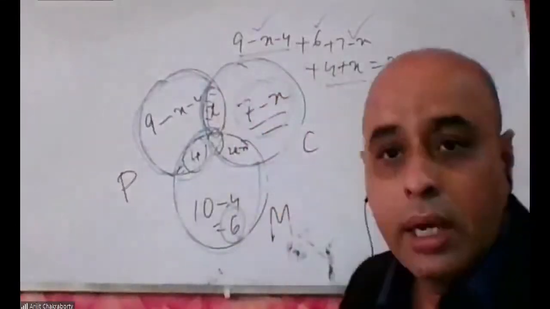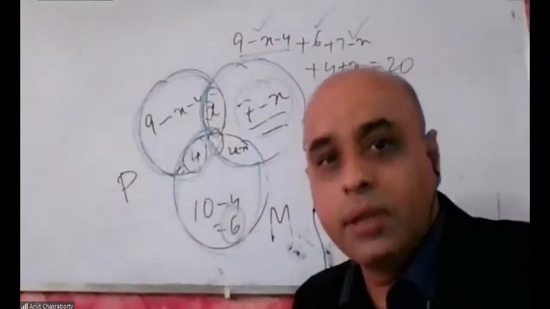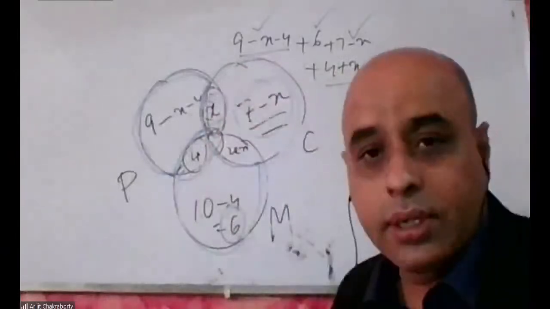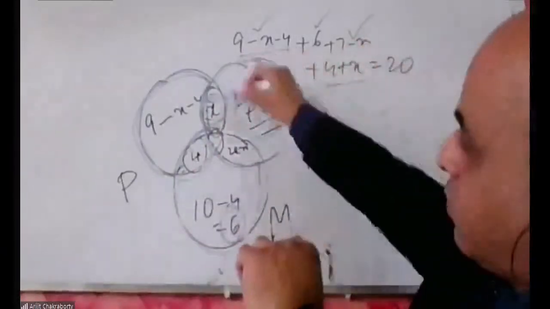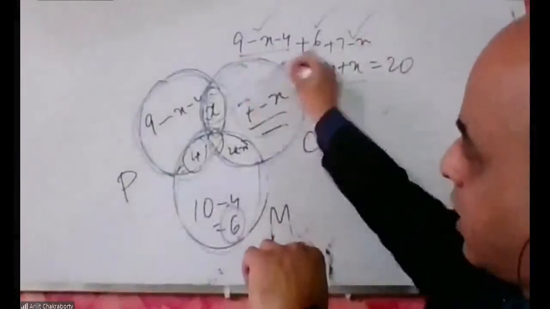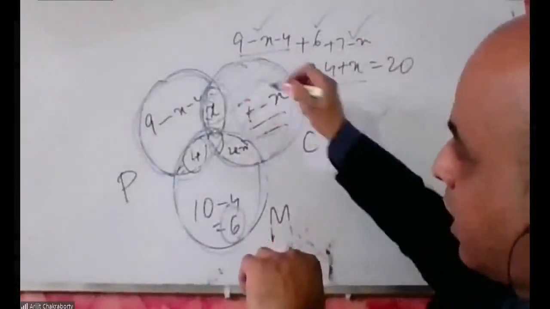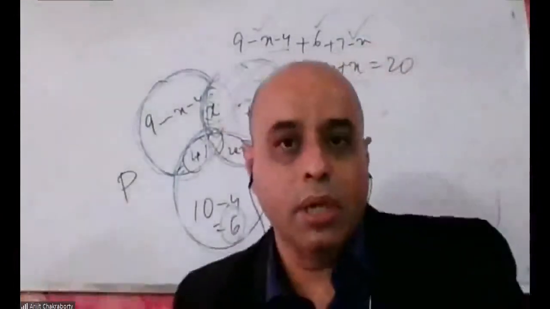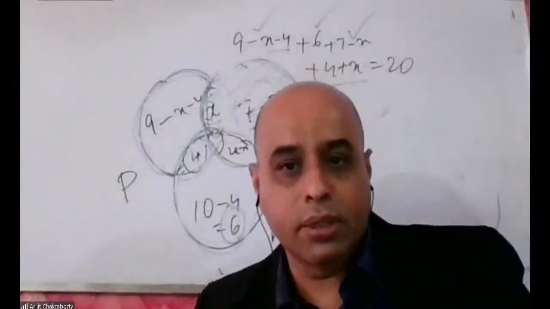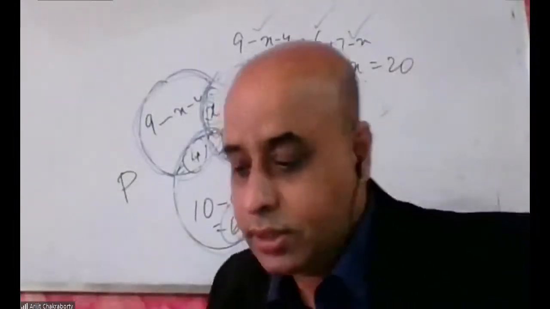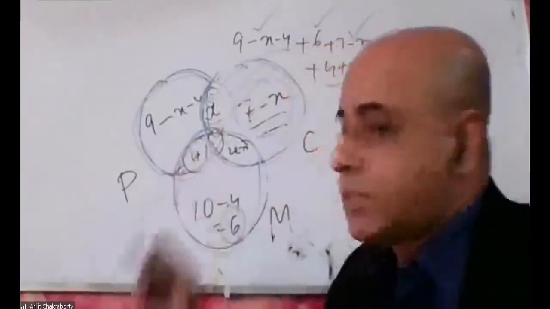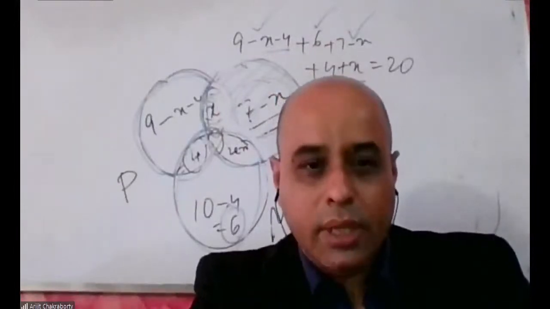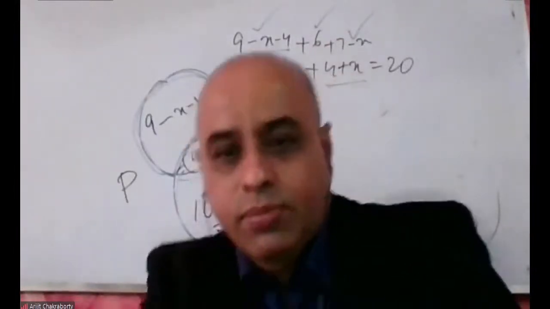Out of them, we want to find how many teach both physics and chemistry, and we have taken that as x. So this white portion is 7 minus x, that means those people who teach chemistry but do not teach physics or mathematics. That is how we get 7 minus x. If you solve for x, you get 2. So the answer is that 2 teachers teach both physics and chemistry.